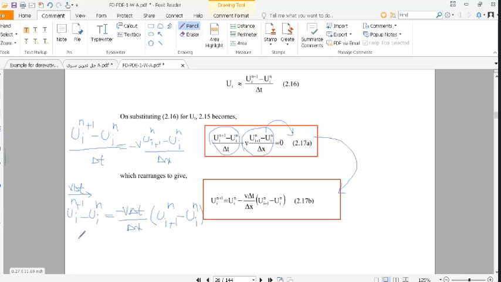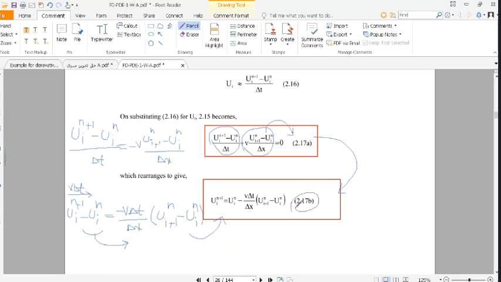And finally, we move minus u i n from left to right. When we move minus u i n from left to right, we have 2.17b.